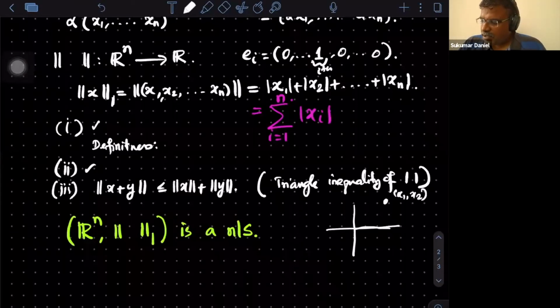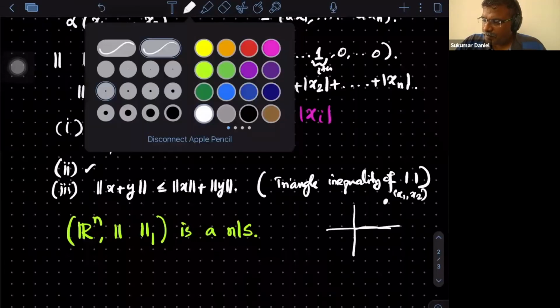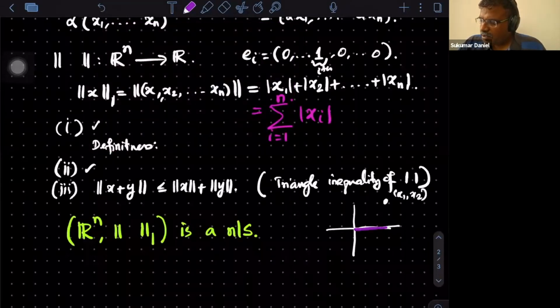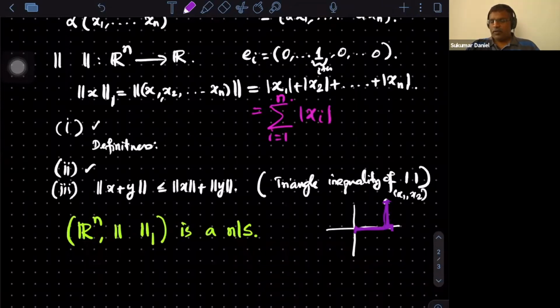That means this distance, modulus, and this distance. So this plus this. In other words, it's some kind of travelling. You are allowed to travel only in straight lines, and then you are adding all the total length.